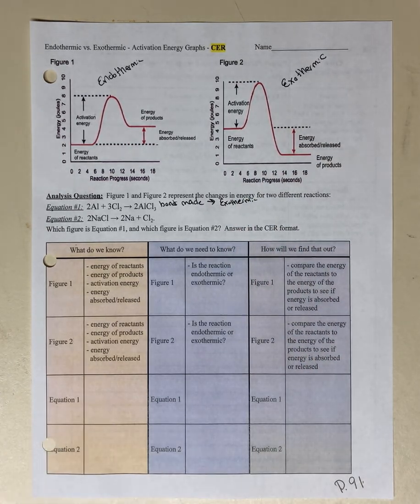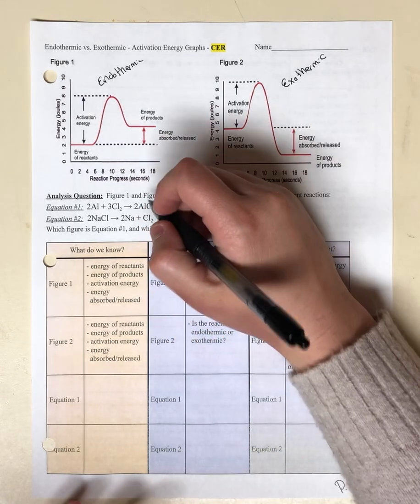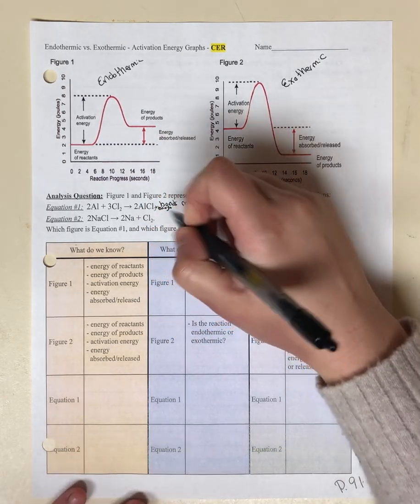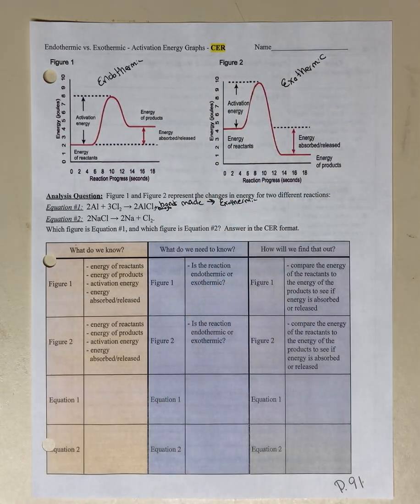It's that simple to tell from a formula. So if it's exothermic, the heat is going to be on this side, plus energy on this side, because energy is given off in the end.